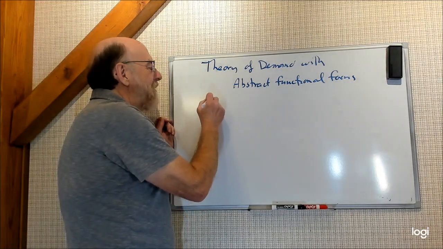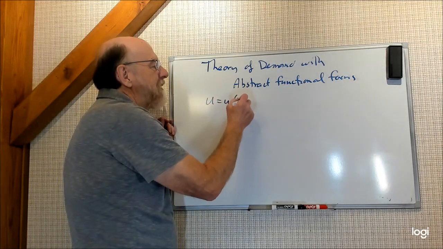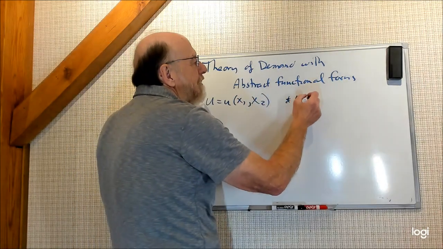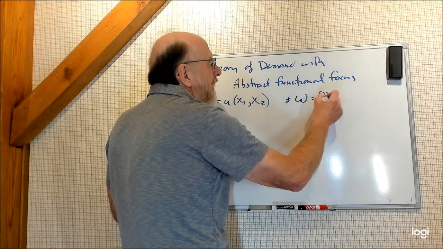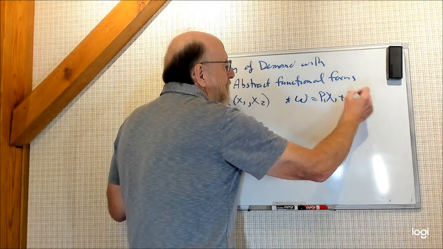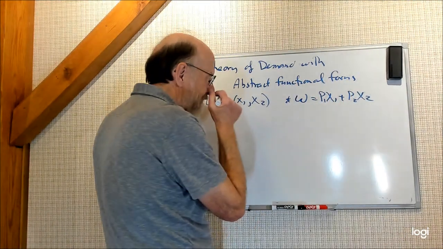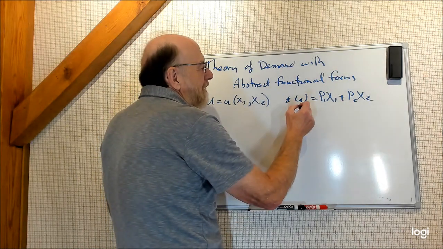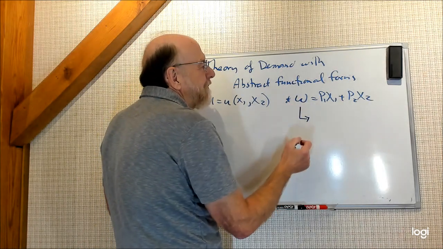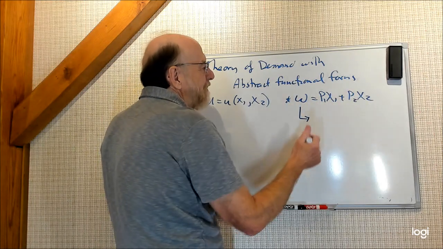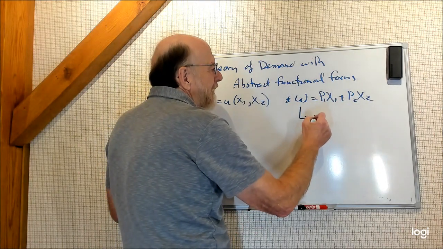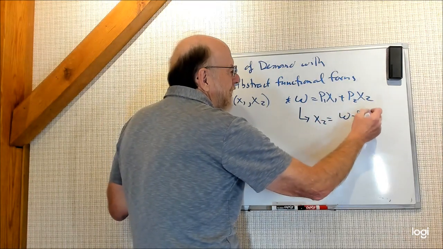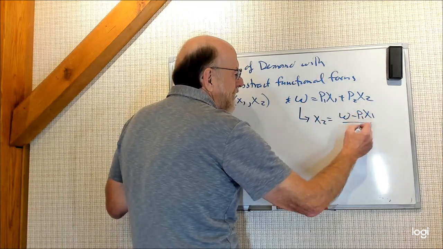Okay, so let's let u be u of x1 comma x2, and w equals p1 x1 plus p2 x2. Note that this expression can be used to characterize x2. So it implies that x2 is w minus p1 x1 over p2. Right?